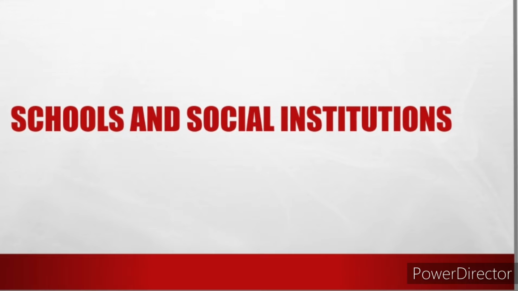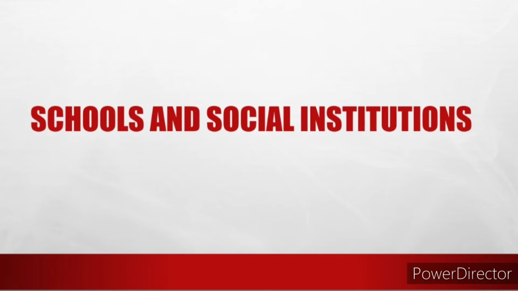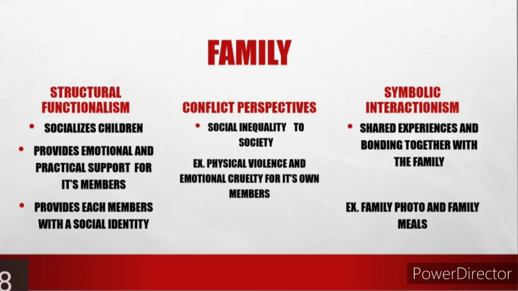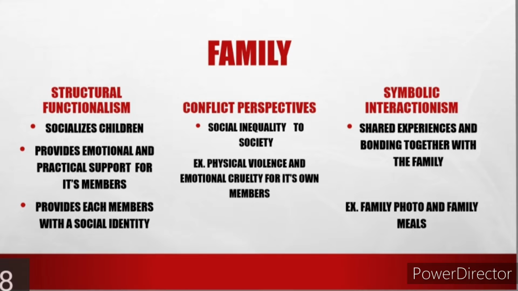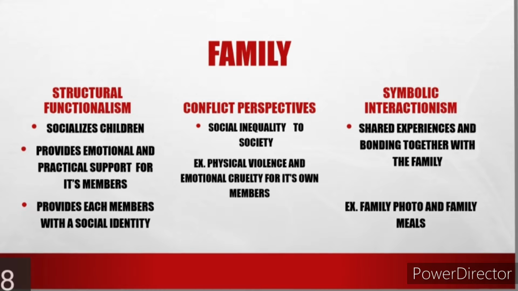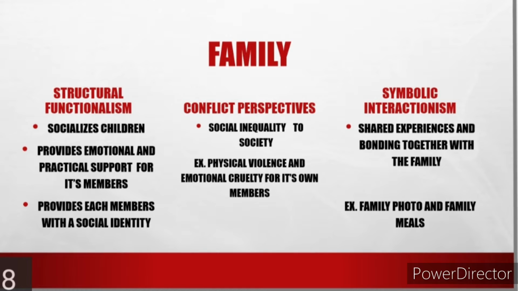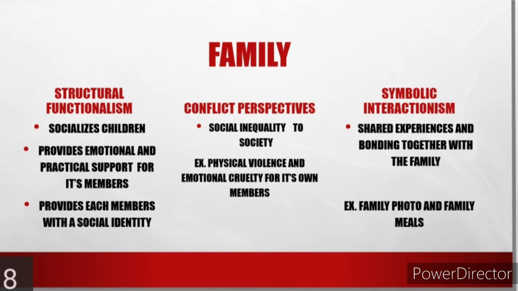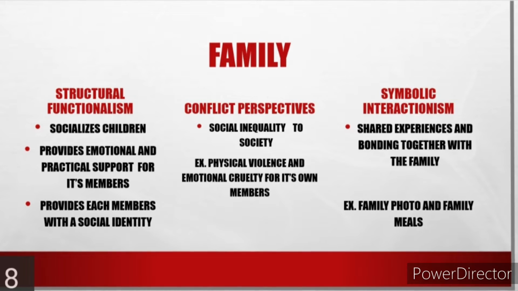So these are the schools and social institutions. First is the family. Family is a group of persons united by the ties of marriage, blood, or adoption, constituting a single household and interacting with each other in respective social positions, usually those of spouses, parents, children, and siblings.